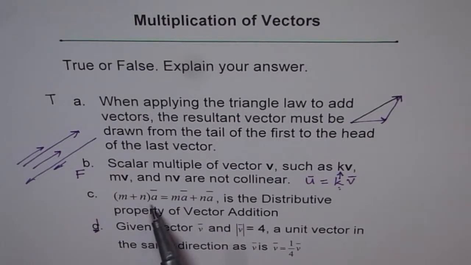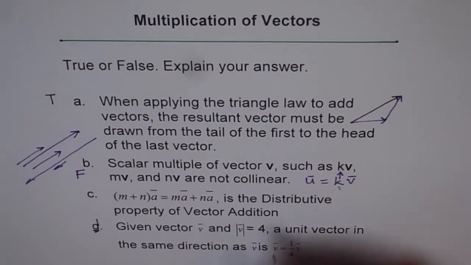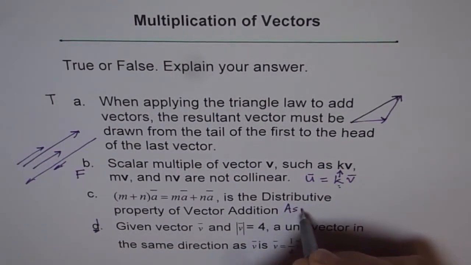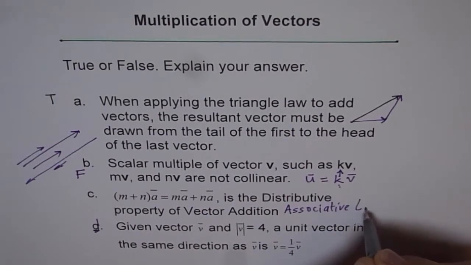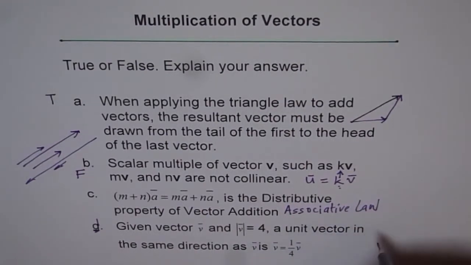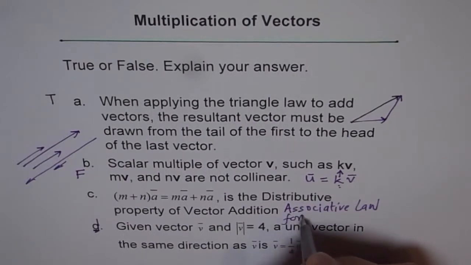It is scalar multiplication. You see that? And therefore, it is called associative law for scalars. So the name of this property actually is associative law for scalars.